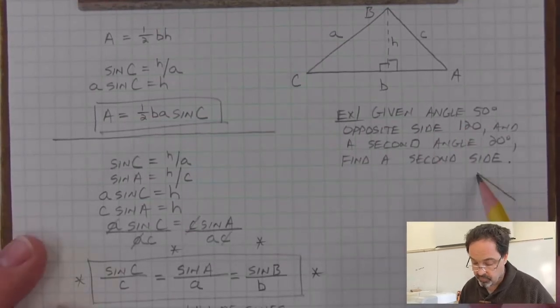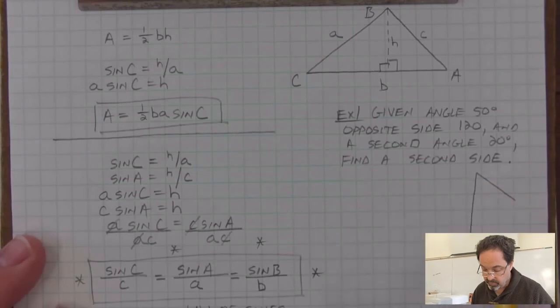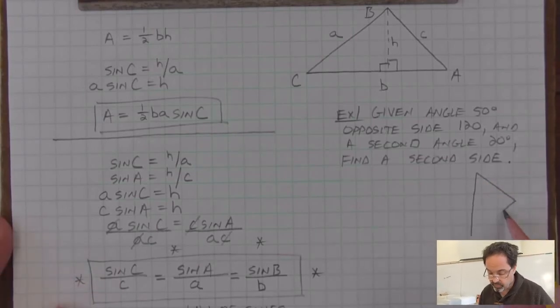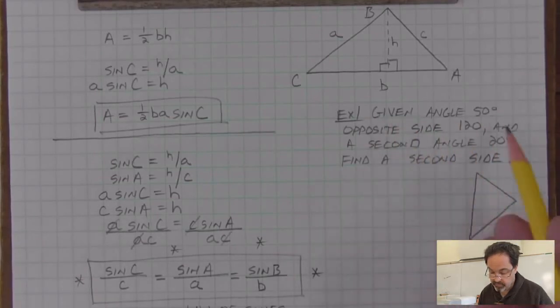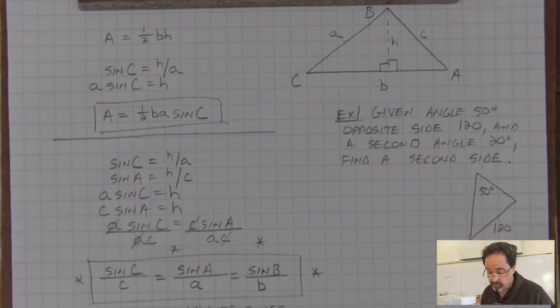It would have helped for the words to tell us that these were sides and angles of a triangle. But we draw a diagram of a triangle and it says given an angle of 50 degrees. So any angle can be labeled as 50, but the language says the opposite side is 120, so it must be the side opposite the angle that they were given of 50 degrees.